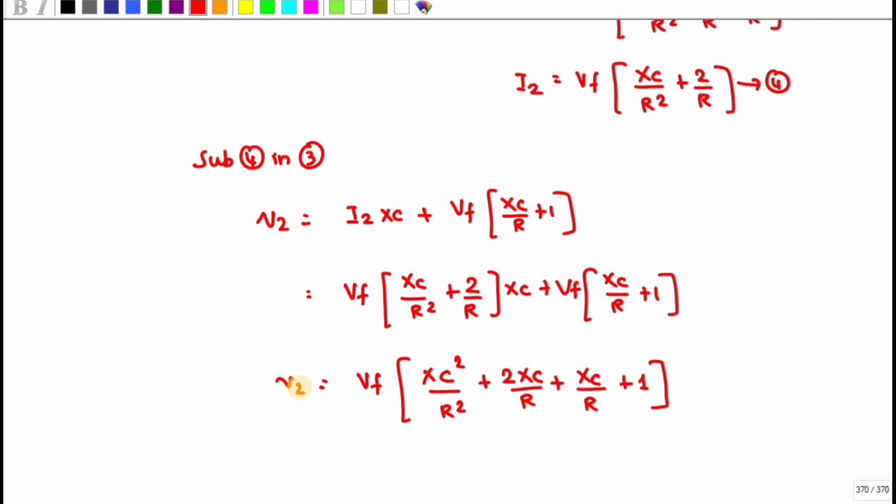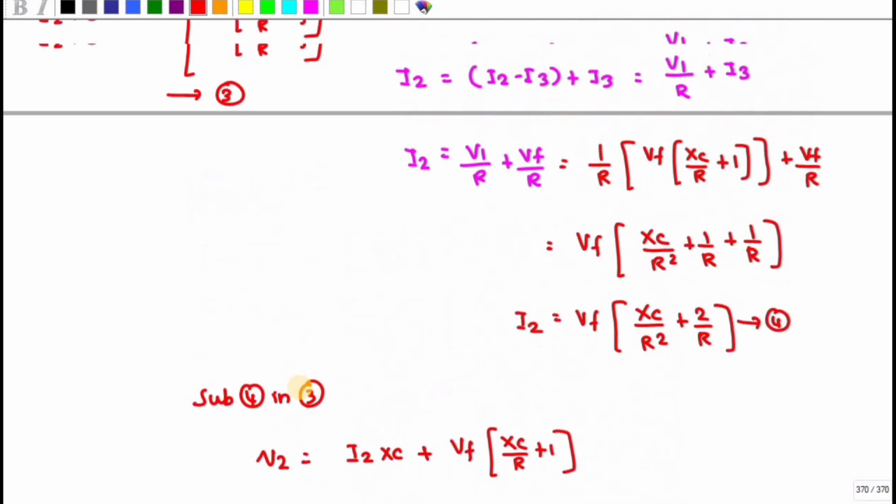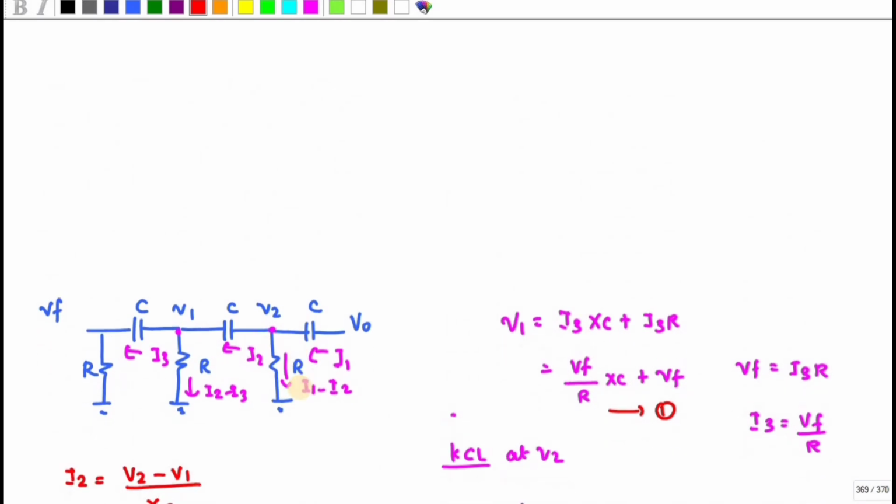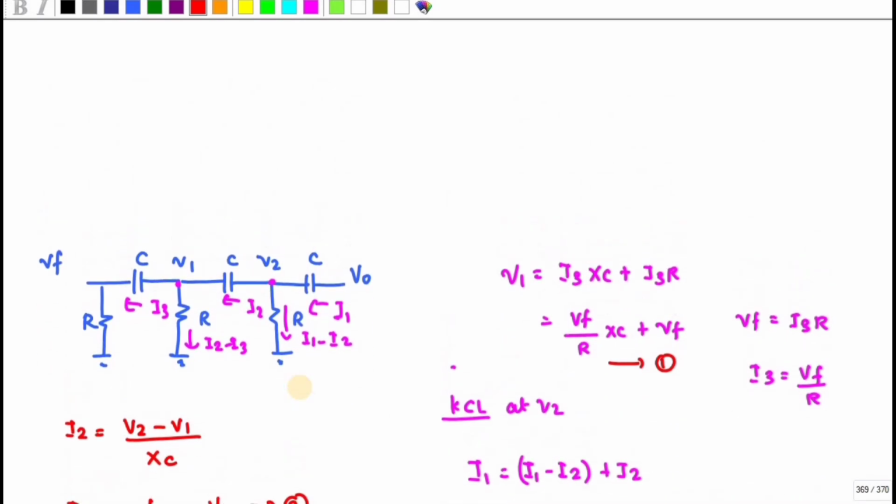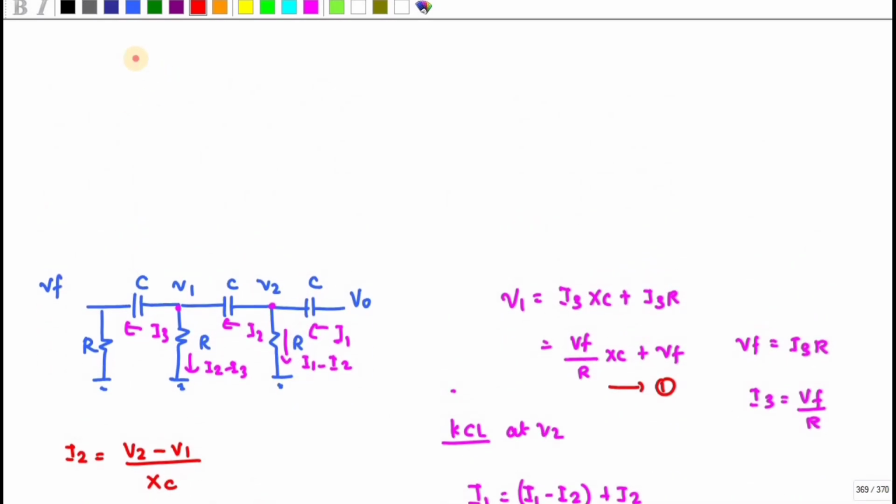Okay. So I need to find what is my V out. Okay. So what is V out from the diagram? From the diagram I can write V out.